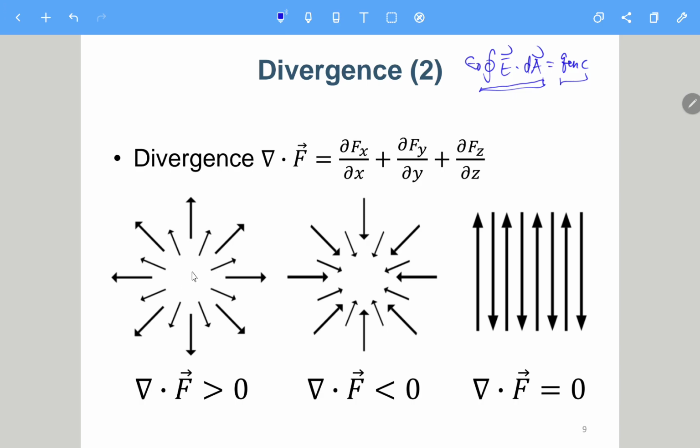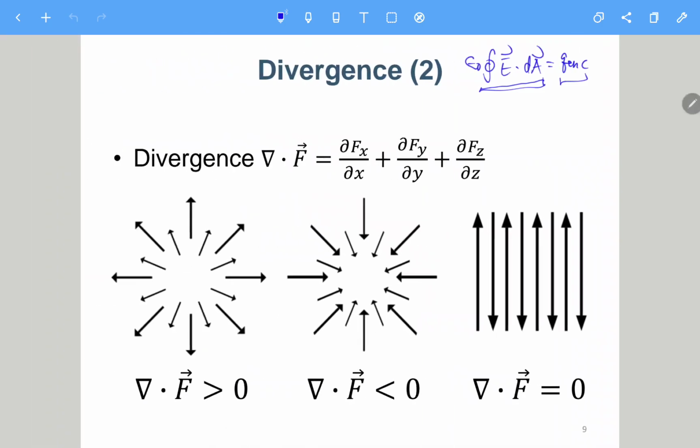If the divergence of F is negative, then the vector field is flowing into the point. And if the divergence of F is 0, then there will be no net flux flowing in or out at the point.